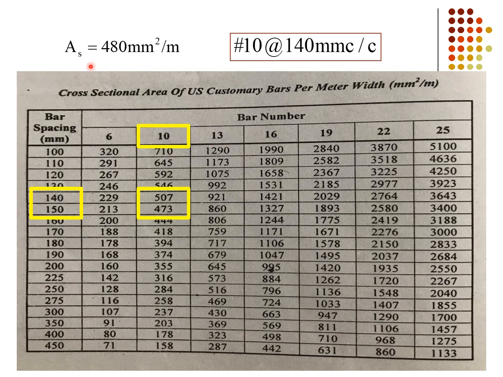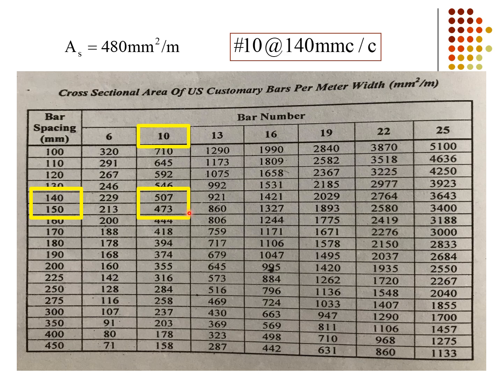Now I will give you another example. Let's say I have area of steel equal to 480 millimeter square per meter. Corresponding to that, I have to choose the spacing in between the bars. First, again, I need to choose the bar diameter. In this case, I have chosen number 10 bar, and corresponding to that I have to see where my 480 millimeter square per meter will be. I have 507 and I have 473.